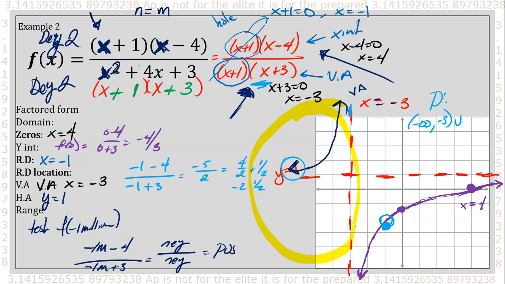Union, it continues at negative 3 all the way to this hole, which we said was at negative 1. Then from negative 1, I'm going to go ahead and do a union. And then it continues, fine and dandy, all the way to infinity. So that is your domain. So pretty much how far left, how far right does it go?